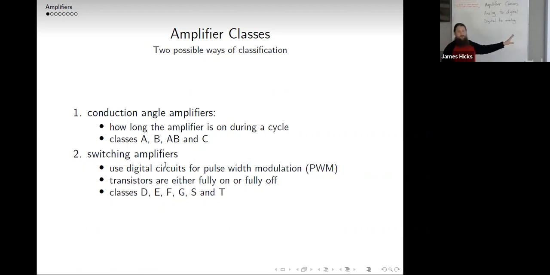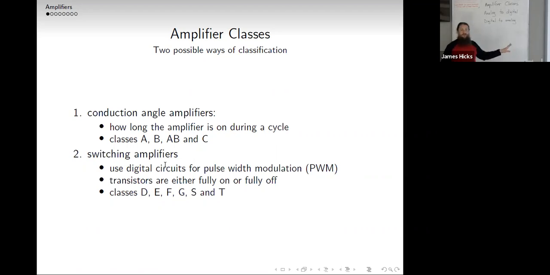I'll talk more about that when we get to these, but it's basically converting your input signal that you want to amplify to a digital signal. When you amplify the digital signal, then you convert it back to analog.